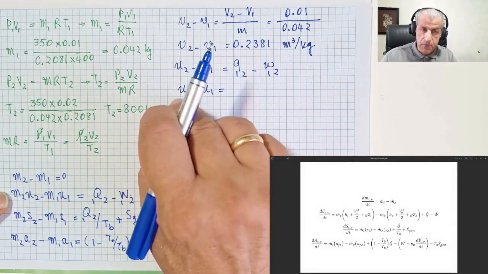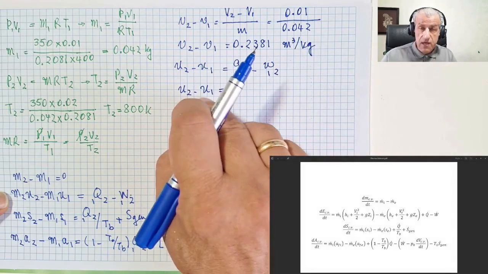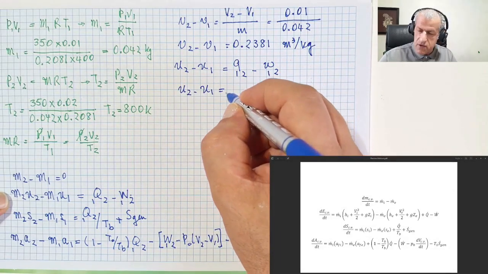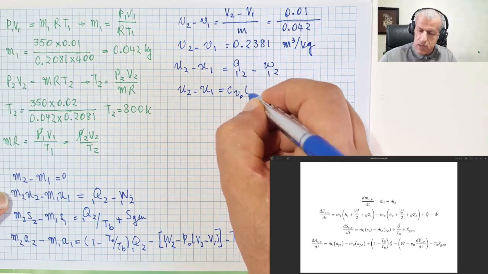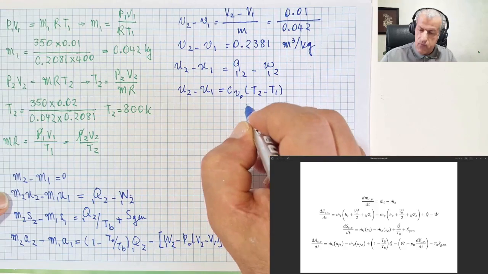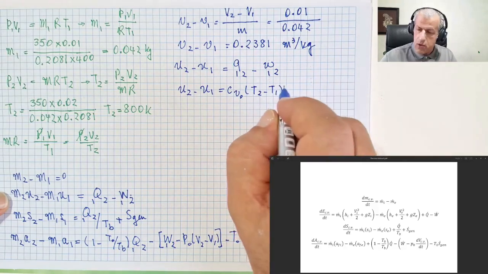The change of internal energy is only a function of temperature, and the function is CV0 times T2 minus T1. We have calculated all terms.